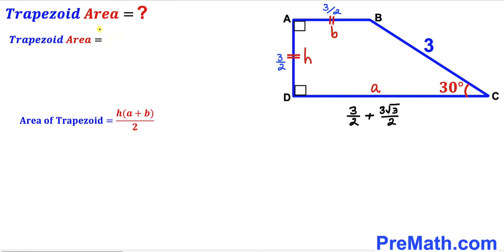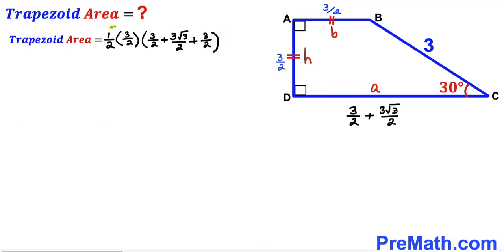So this trapezoid ABCD area is going to be a half times our height 3 divided by 2, times our bases: 3 divided by 2 plus 3 times square root of 3 divided by 2, plus our other base 3 divided by 2 as well. Let's focus on the first two. 1 divided by 2 times 3 divided by 2 gives us 3 divided by 4. Now let's focus on this parenthesis.